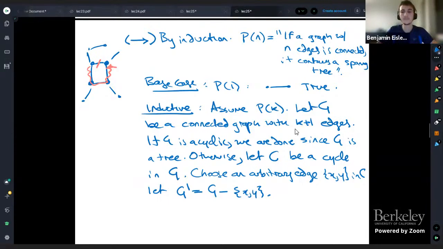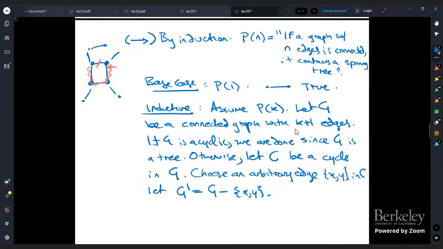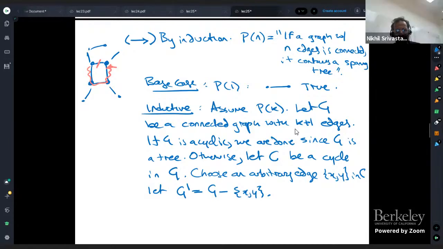Could we say that if we remove the edge xy, and the vertices x and y are part of a cycle, then we know that the degrees of x and y are at least 2? So we'd be reducing the degree by 1, which means there would probably still be a path to each of the vertices. Well, that's not enough, right? Degree is just looking at what happens in one step.